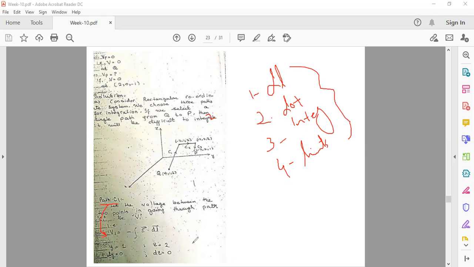So first of all, specify the dL. As x is the only one changing, from 4 to minus 7, and y and z remain unchanged at 1 and 2, the dL will be along aX in this case, for C1. In C2 it will be along y, and in C3 it will be along z.